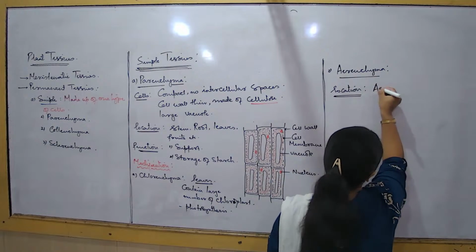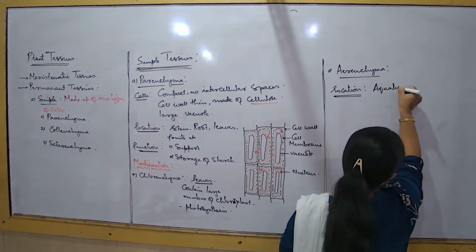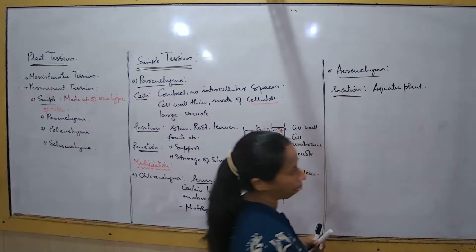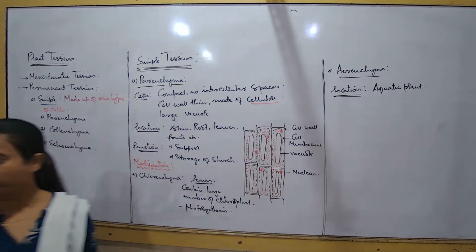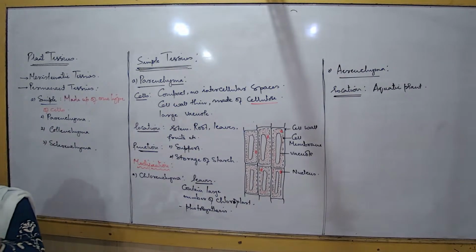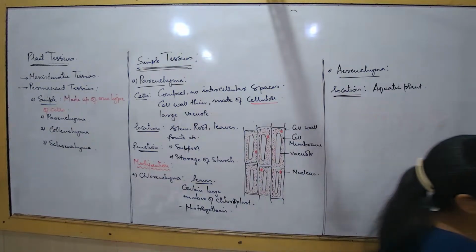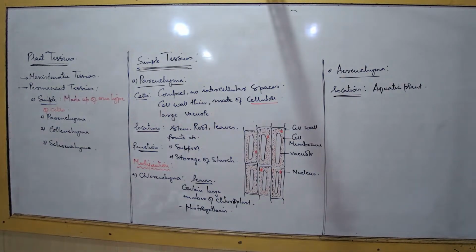They are present in aquatic plants. Now I talk about the stem of the aquatic plants, the leaves of the aquatic plants. So where do we find aerenchyma? They are found in the leaves, the stem and the roots of the aquatic plants.